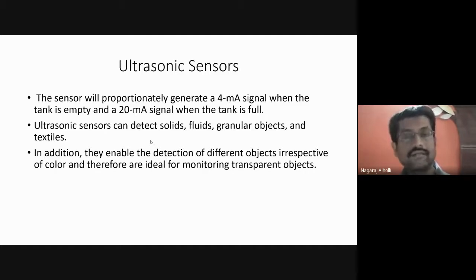Hence, we use these ultrasonic sensors ideally for transparent objects. Even though it works for colored objects also, it is ideally suited for sensing of transparent objects.